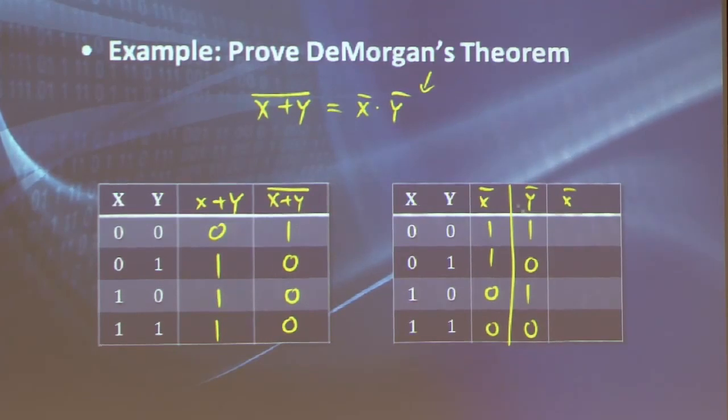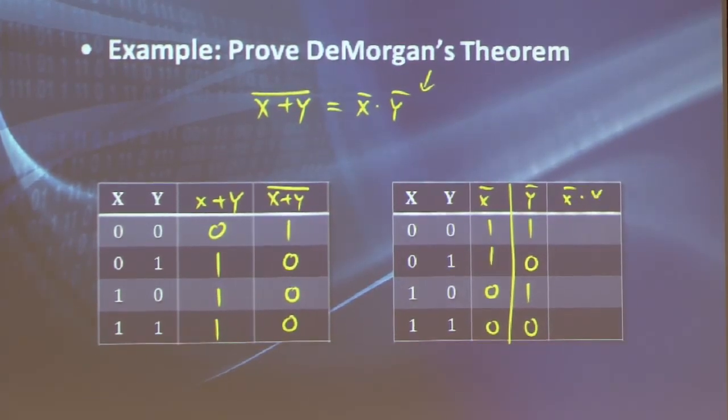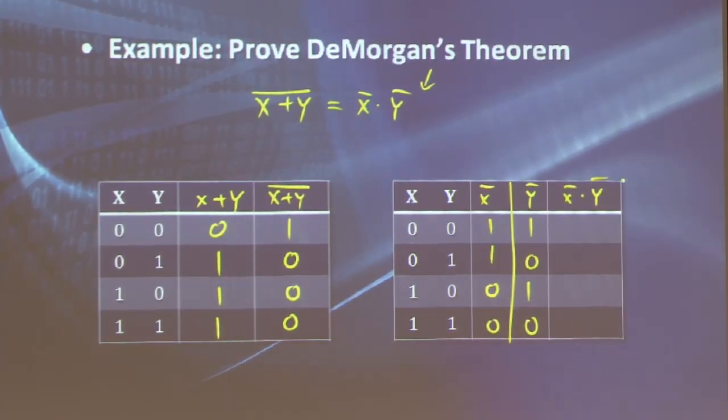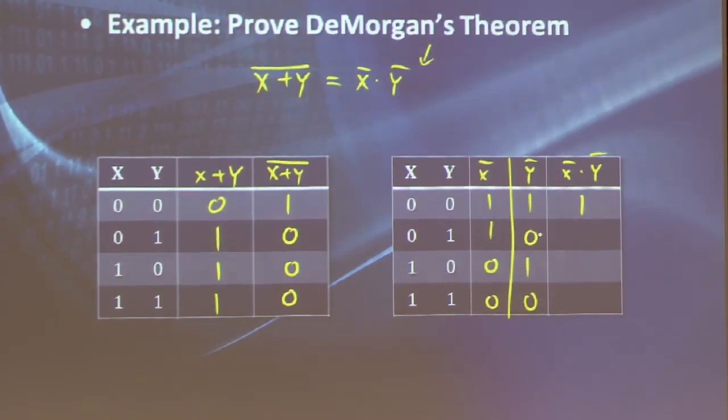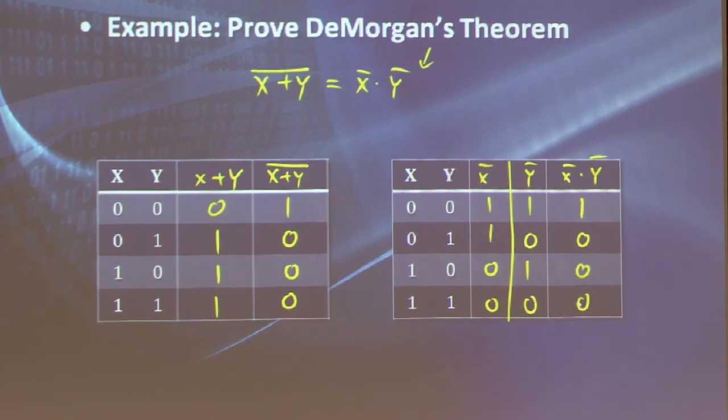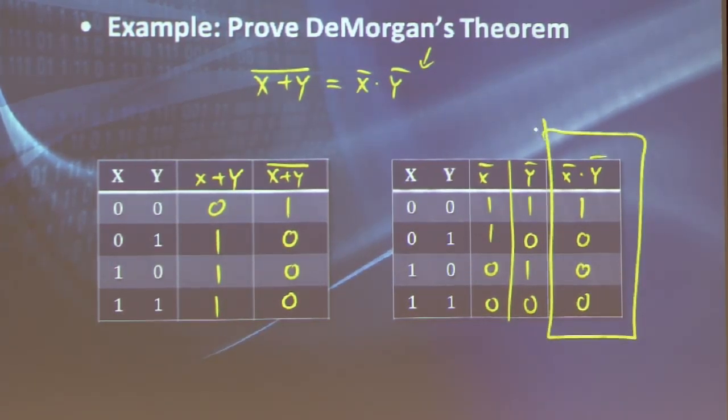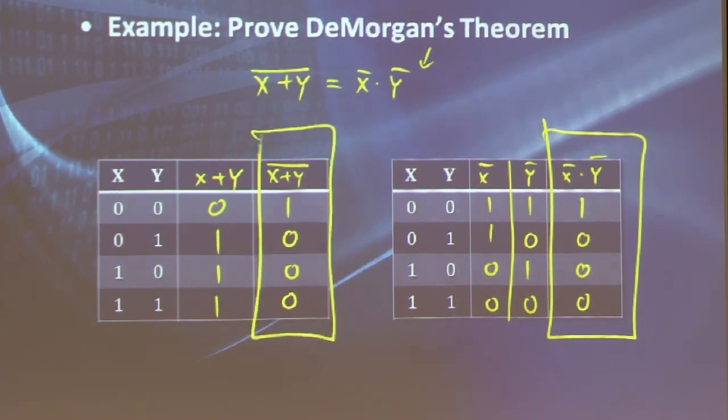And then I will take these two columns and I will AND them together. 1 and 1 will give me 1. Anything with a 0 will give me 0. And this is here my right-hand side. This is my left-hand side. You can see the results here for all combinations are the same as the results here for all the different combinations. Therefore, by perfect induction, this identity is true.